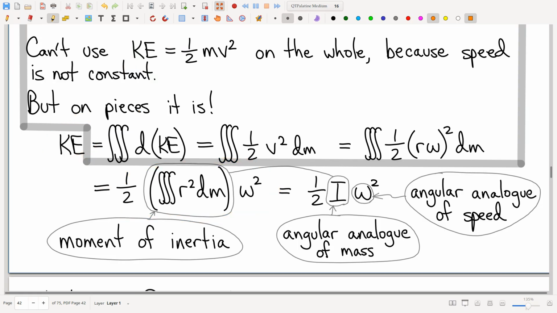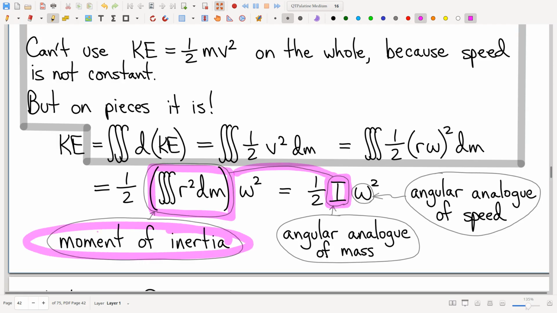Until you notice that this thing right here, if I were to rename that as a single thing, we're going to call it moment of inertia. Now, notice, first of all, this thing called moment of inertia is intrinsic to the mass.